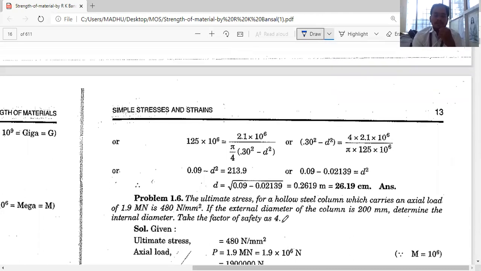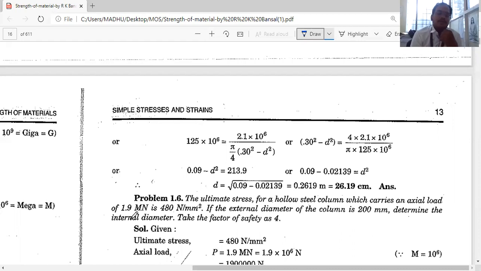Now while we solve this problem, here he is asking to determine the internal diameter. Again, stress is equal to force per area, the cross-sectional area, or the area which is perpendicular to the load that is acting.